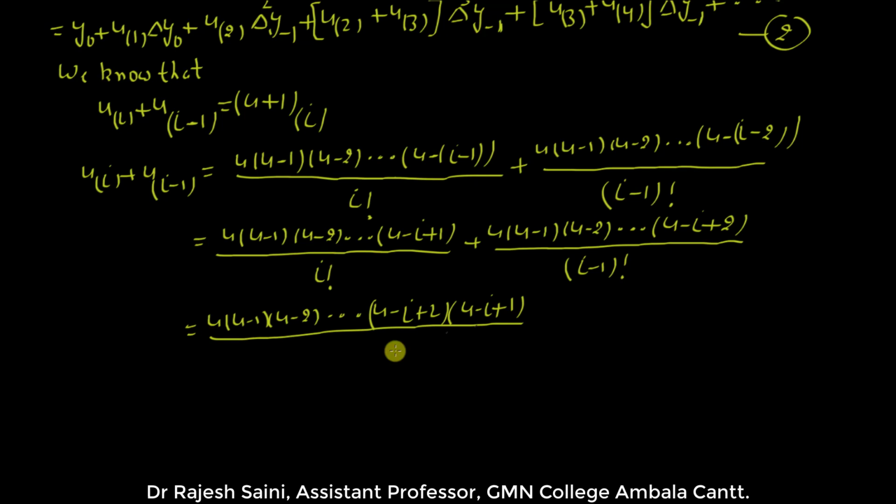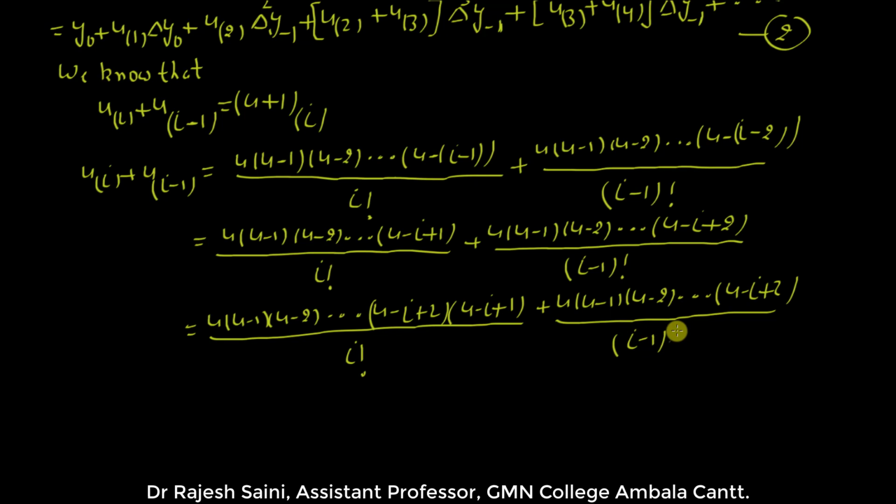Divided by I factorial plus u minus 1, u minus 2 up to u minus I plus 2 divided by I minus 1 factorial. Now take the common.